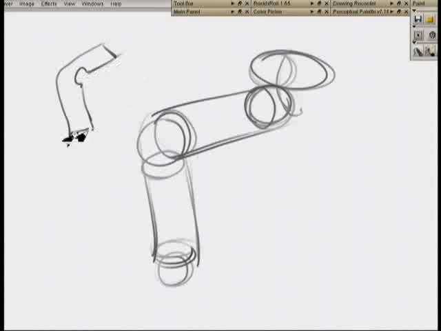I think, is it going to go like that? We have an axis of bend right here. This is where the knee joint is, and it's bending through this axis.